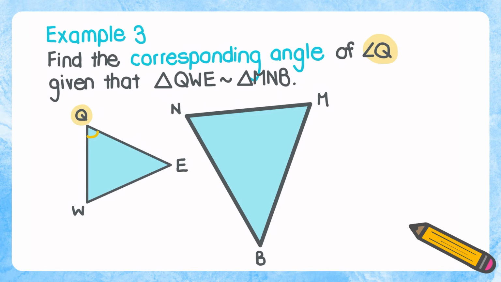And which angle matches up with this one? Well, Q is the first letter, and so is M. So angle M is the corresponding angle of angle Q. Again, angle M and angle Q are corresponding angles.